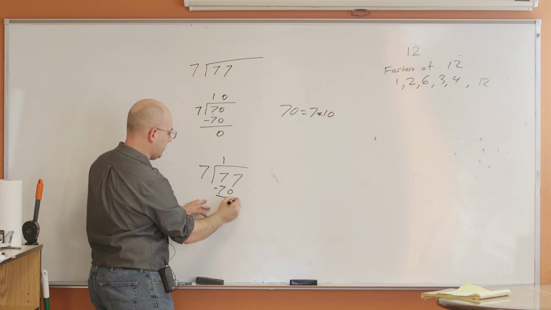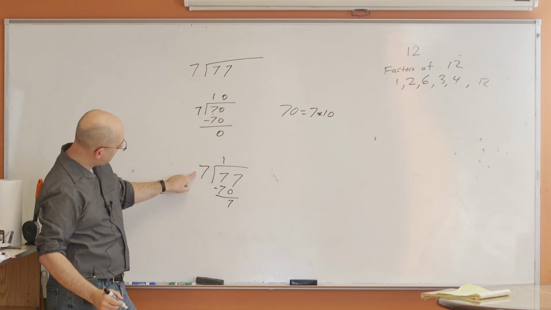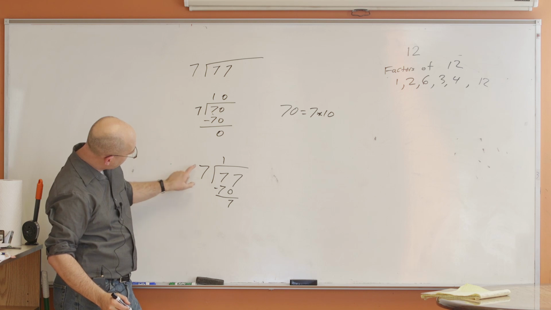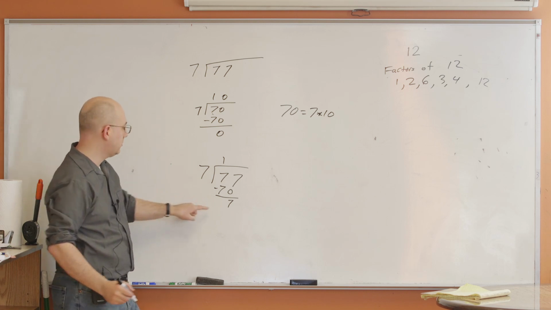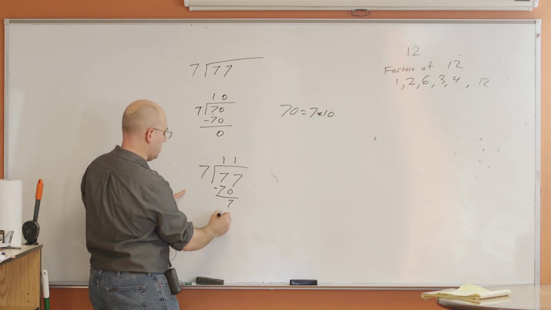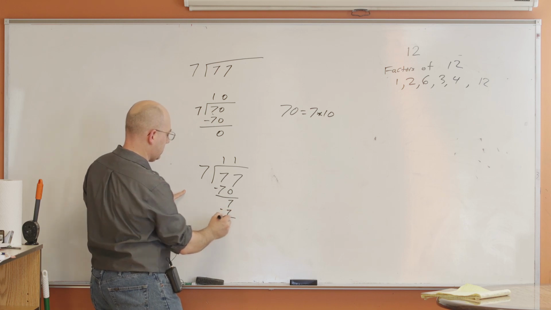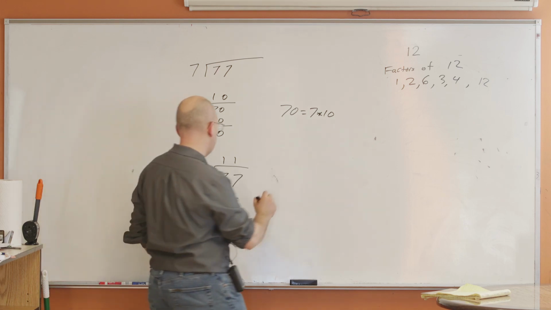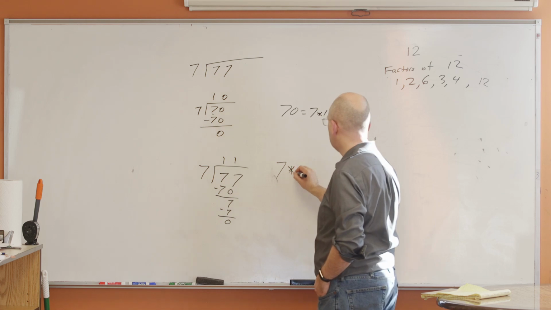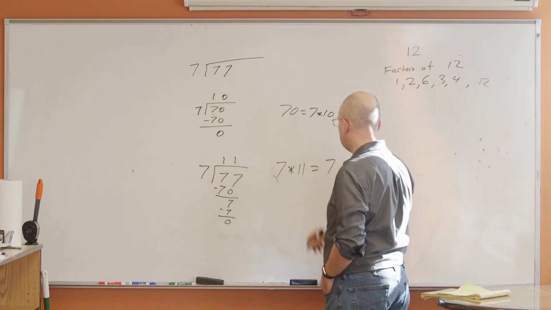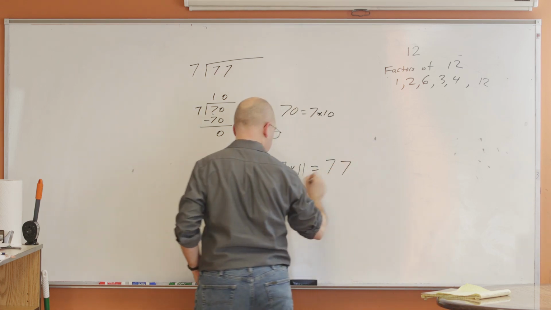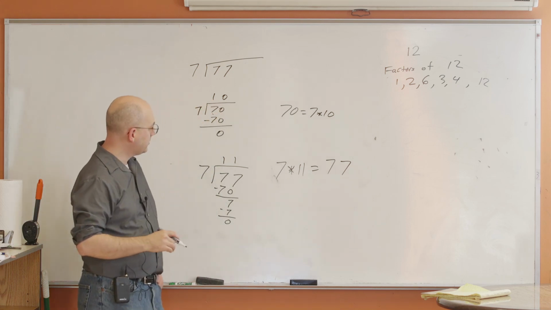And so I subtract, and I have 7. And then, how many times does 7 go into 7? Once. And so subtract 7, and I get 0. So 7 times 11 is 77. That's the claim.